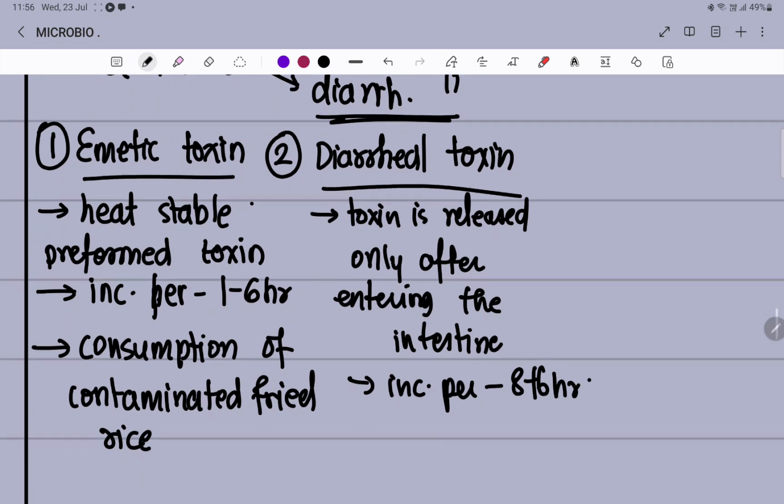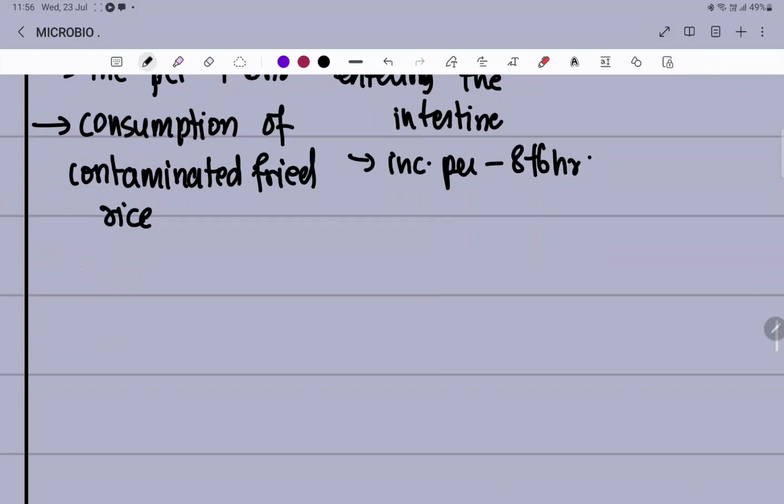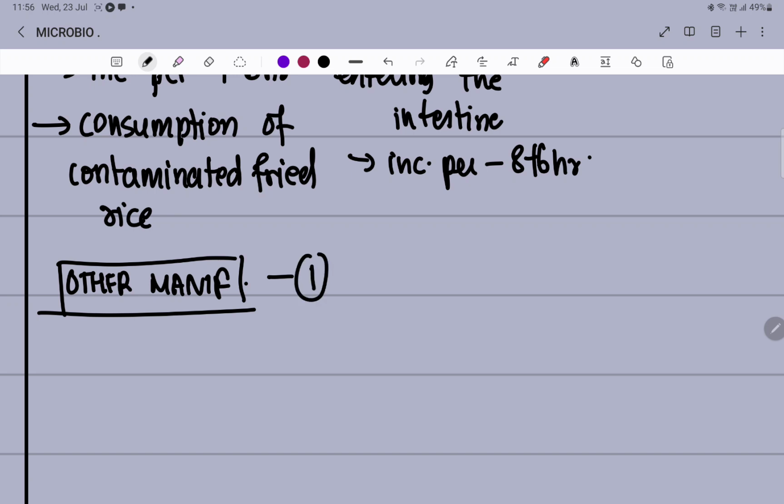B cereus can include other manifestations. Other manifestations are very rare, but they can occur. Which is the first manifestation? The first one is ocular disease. What ocular disease?